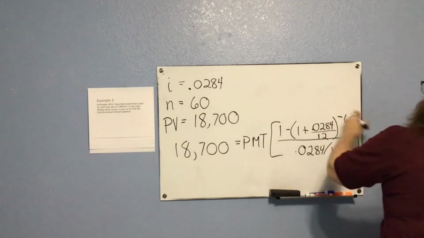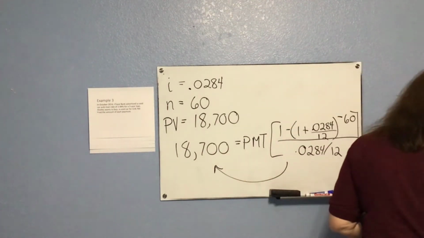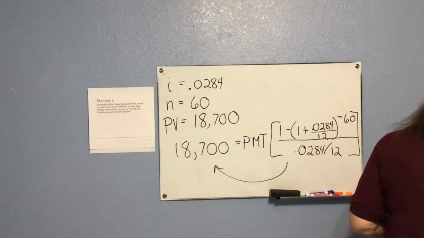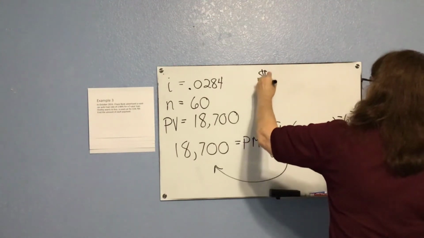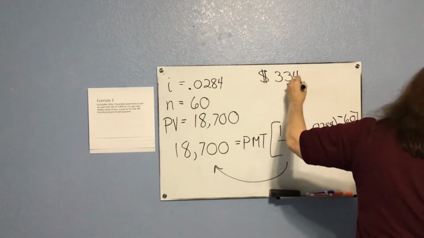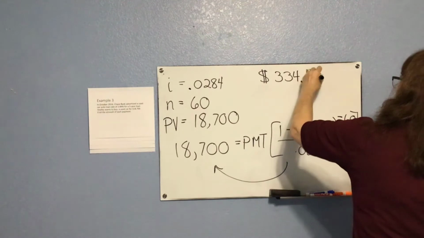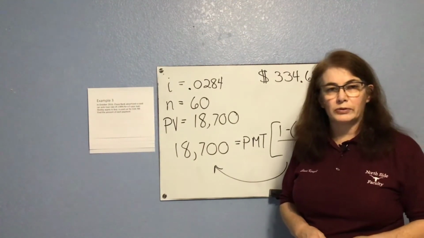Once again, we're going to calculate this and put it under the price of the car. And this comes out to $334.69. Pause the video now and work on checkpoint 3.